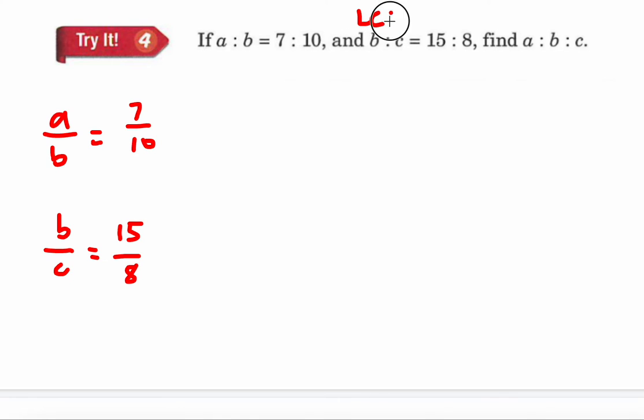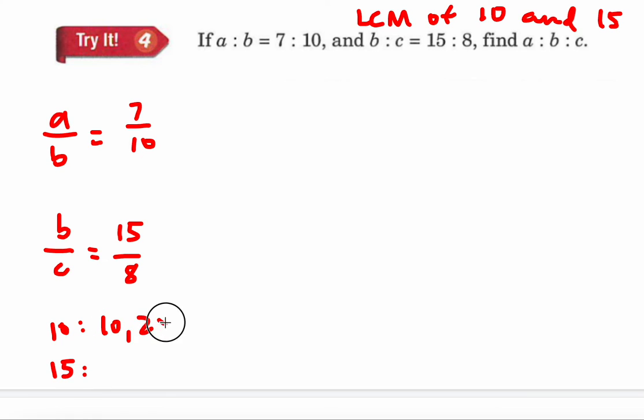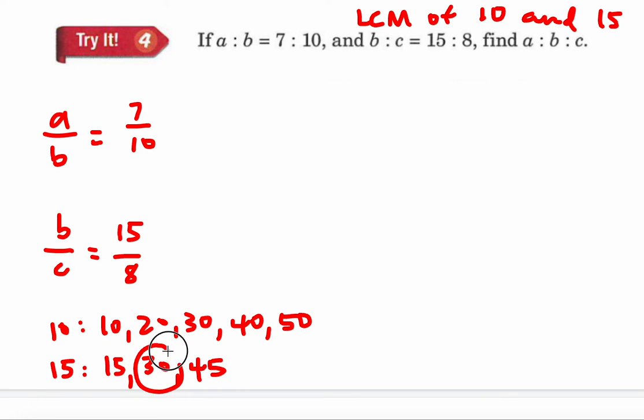So I need to find the least common multiple of 10 and 15. Okay, the multiples of 10 are 10, 20, 30, 40, 50, and so on. 15 is 15, then 30, then 45, and so on. But our least common multiple looks like it's 30.